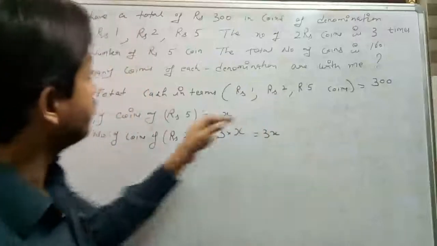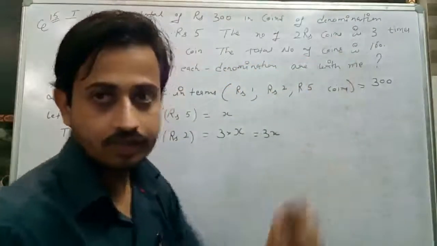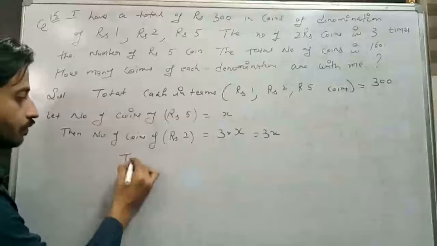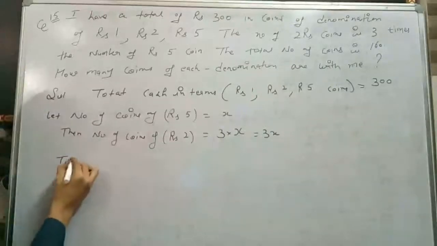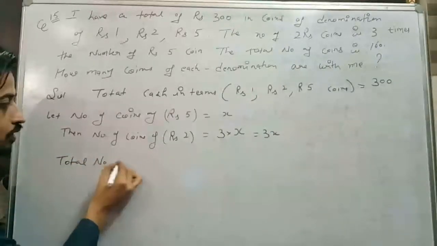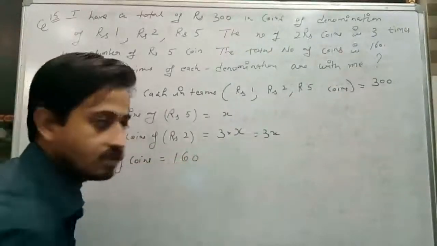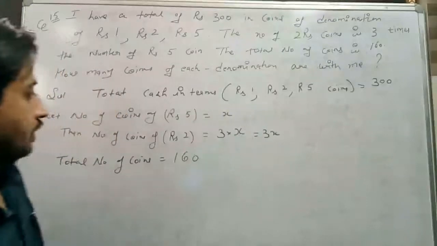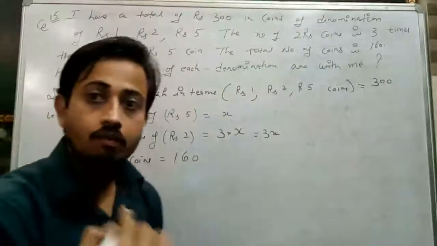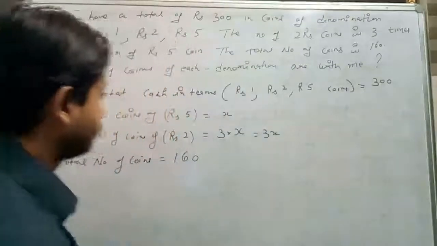For this we have been given the total number of coins. Total number of coins is equal to 160. Then what will be the number of coins of 1 rupee?